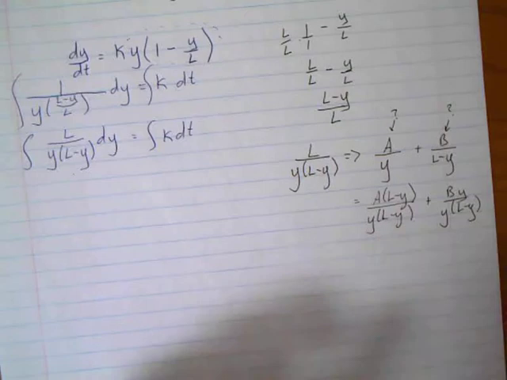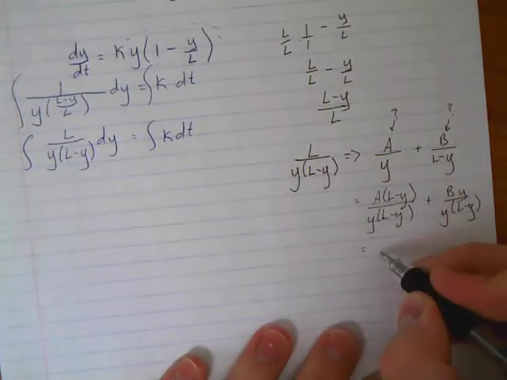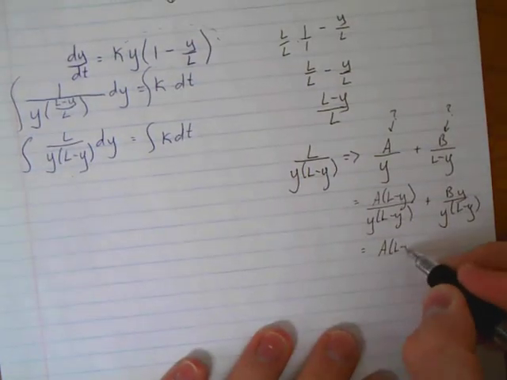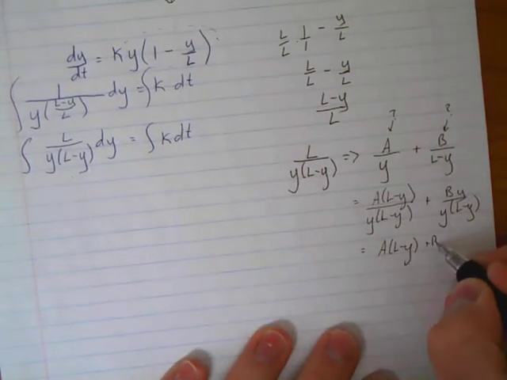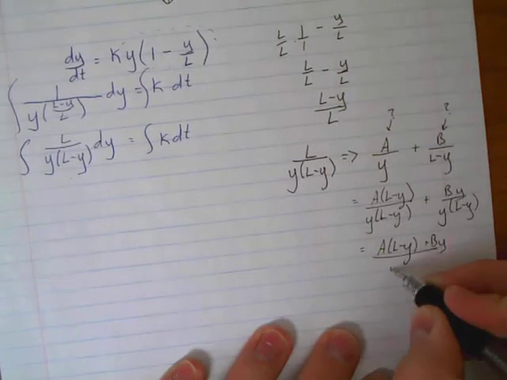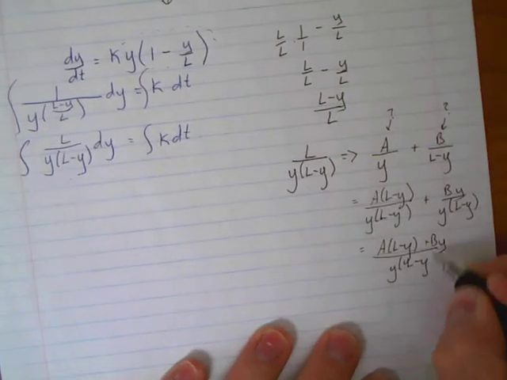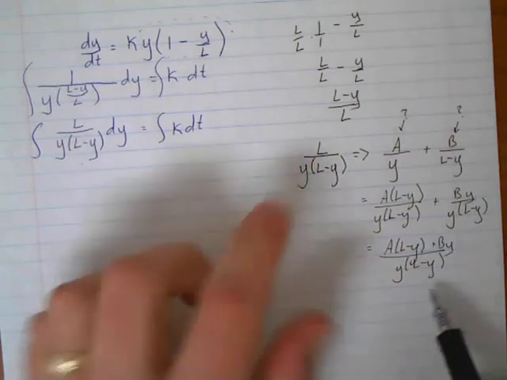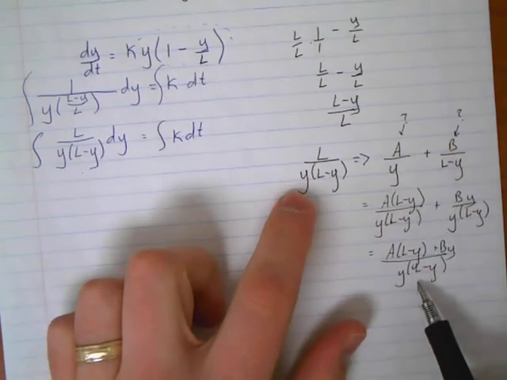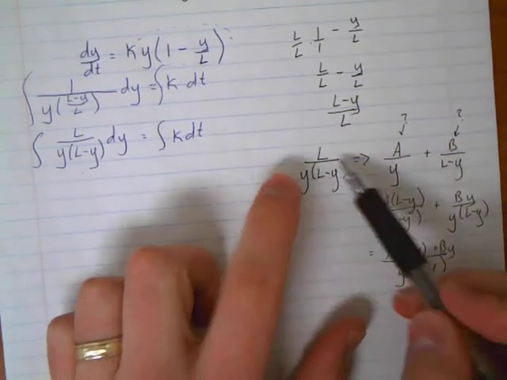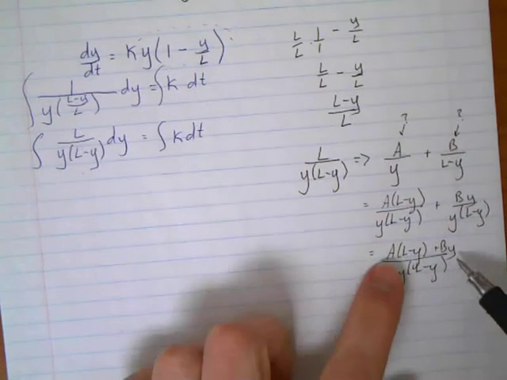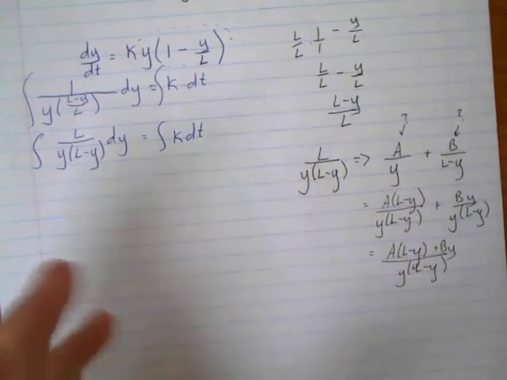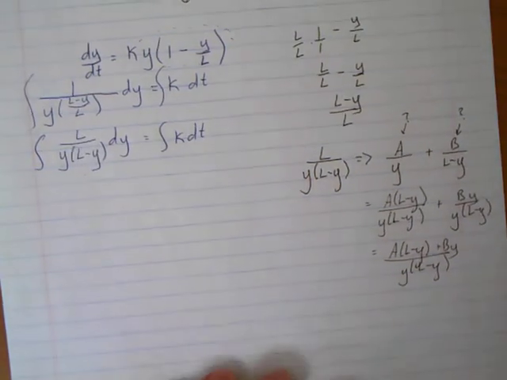And so the top would look like this: A times (L minus y) plus B times y, all over y times (L minus y). We want it to look like this with L on the top, but right now we have all this mess on the top because we don't know what A and B are. But it's very easy to figure out what they are.